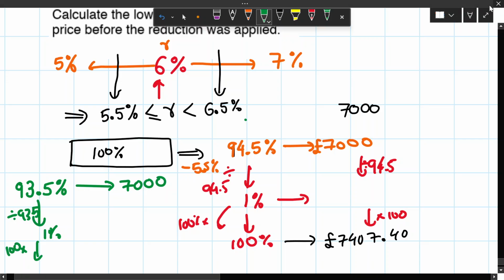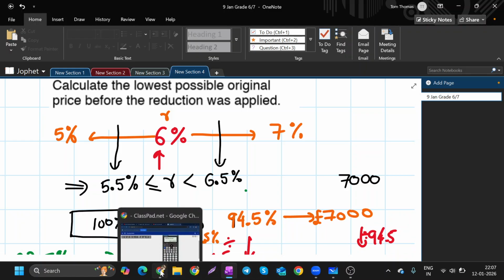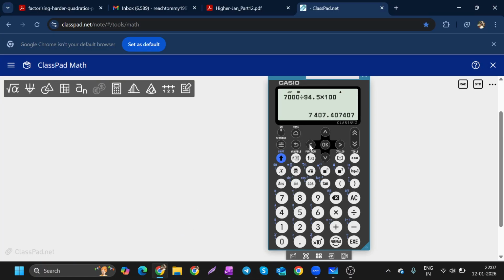Let's try that. So if it was the lowest possible value, I should have applied the highest possible reduction. So instead of 94.5, we just have to do 93.5.